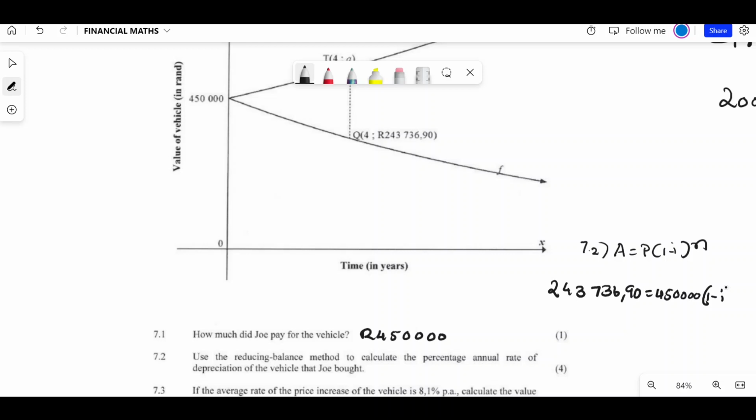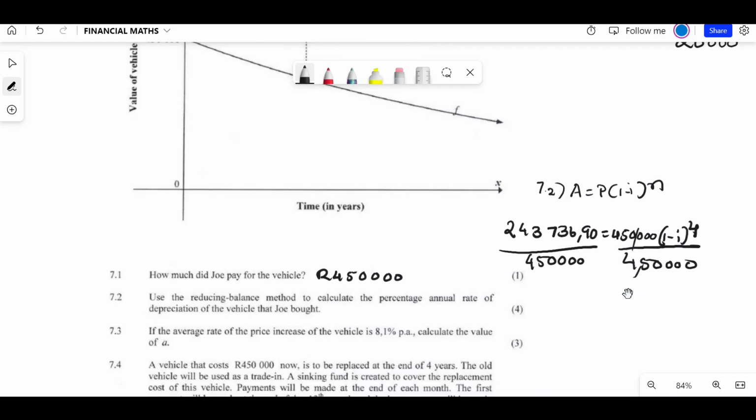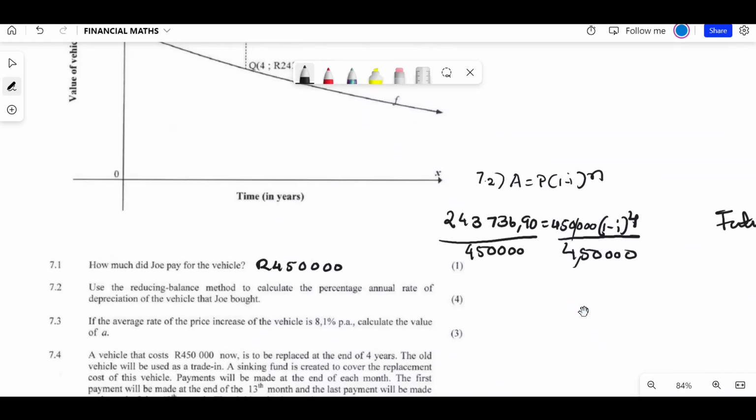1 minus i for 4 years. So first step as usual, always divide by 450,000. On the right hand side it is going to get cancelled. On the left hand side you also divide by 450,000 and leave it like that. Now on the right hand side you have 1 minus i to the power 4. So you need to take the 1/4 power.